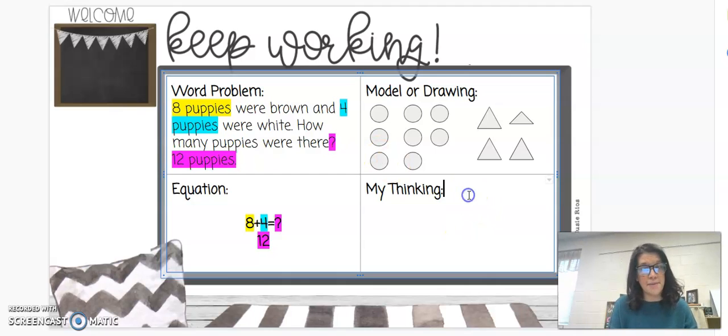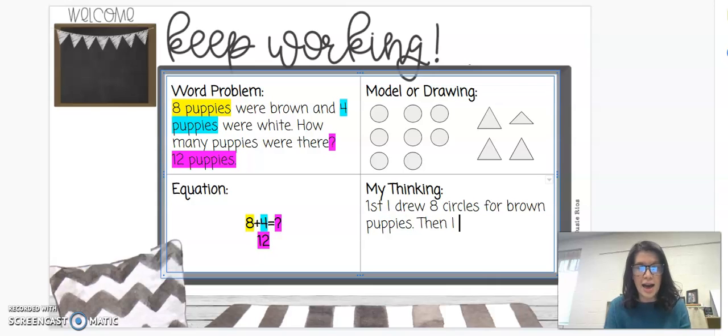Now, I'm not done yet, friends. We need to explain our thinking and how we solved the problem. I'm going to do this by writing some sentences. I'm going to say what I did first. I said, first, I drew 8 circles for brown puppies.